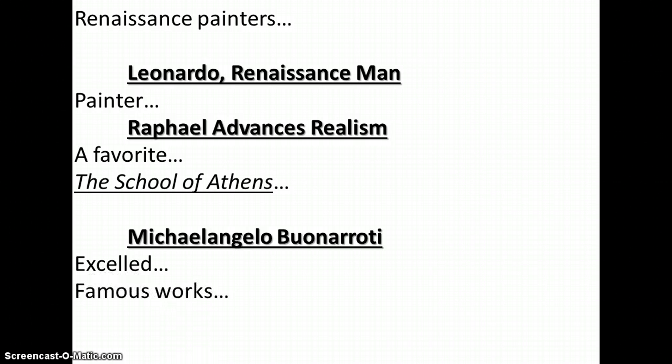His most famous works were painting the ceiling of the Sistine Chapel, S-I-S-T-I-N-E, the sculpture of David, his own take on that you see in your textbook, and he is associated with the dome of St. Peter's Basilica, being the architect of that. You can see all of these on page 420 if you refer to that.